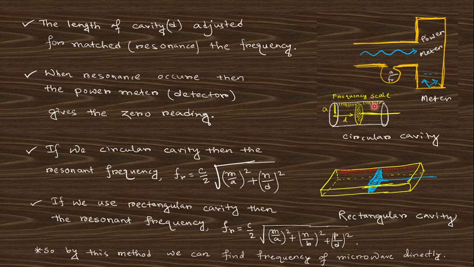After getting the resonance, you can find the frequency using the formula for the dimensions of this cavity, either cylindrical or rectangular. Clear about this? So the microwave comes towards the power meter, and a cavity, either cylindrical or rectangular, is connected. Then we adjust this metallic plate or reflector such that the total power is 0.